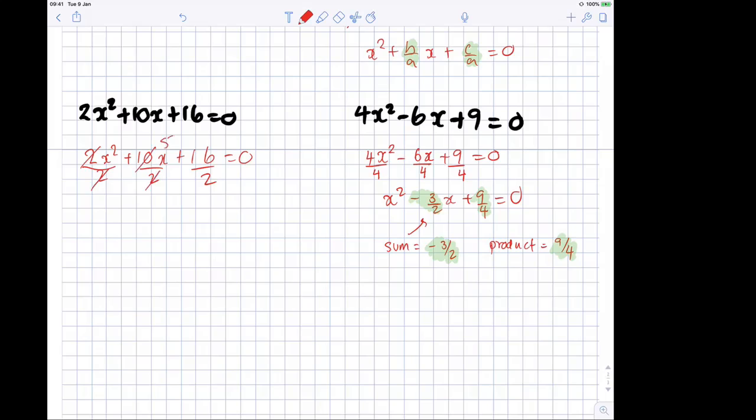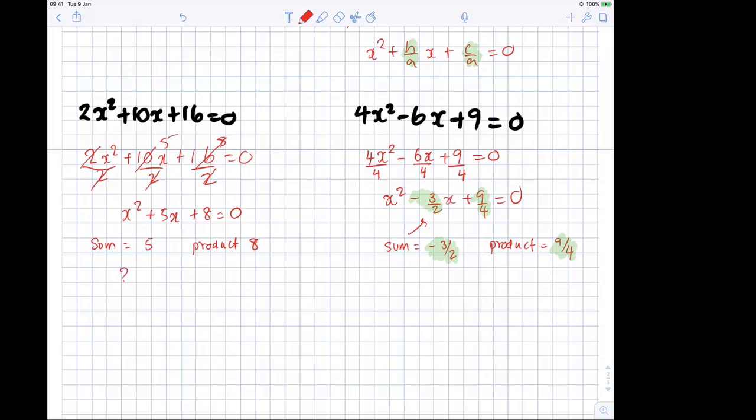So you get 5, 8. So this one is x squared plus 5x plus 8 equals 0, which means 5 is the sum and the product is 8.